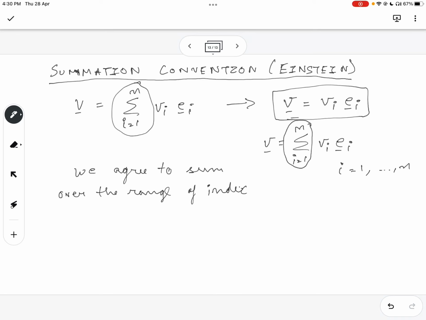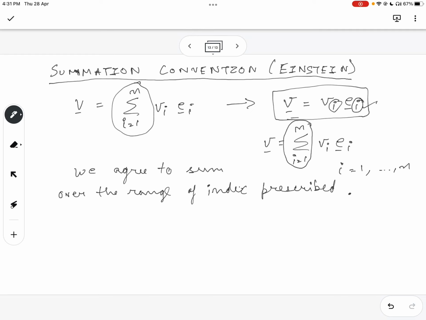Here this is i. We can see that the index i is repeated twice.